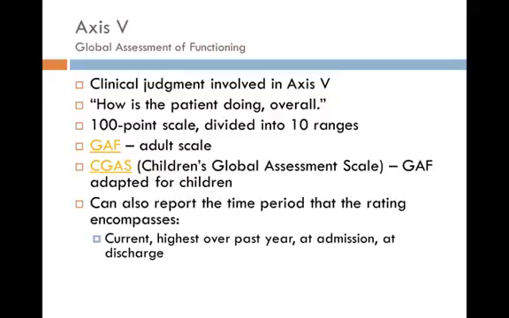It can also report the time period that the rating encompasses. For example, it can be current, it can be highest over the past year, the way in which a person is functioning at admission, as well as the way in which they're functioning at discharge. All of these key points are most relevant to the functioning of an individual.